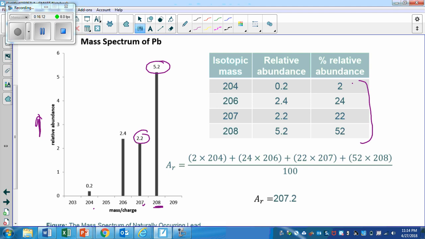We are usually given the percentage abundances, but you must now understand where those numbers are coming from. They come from the mass spectrum: you get 2.2 of those or 5.2 of those. The rest of the formula is the same. It is calculating the average relative atomic mass of the isotopes. So this is one way to use mass spectroscopy.